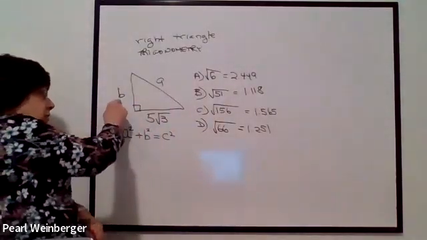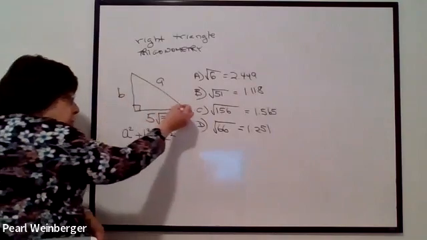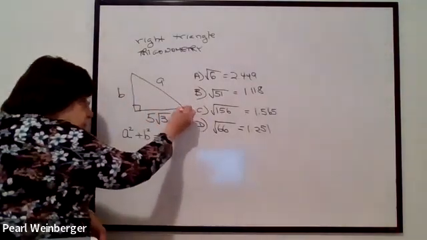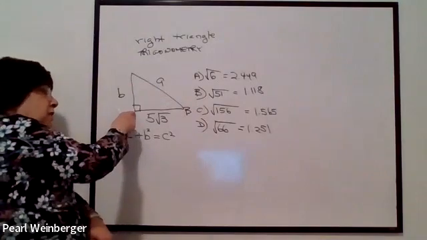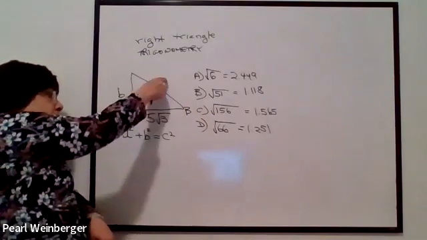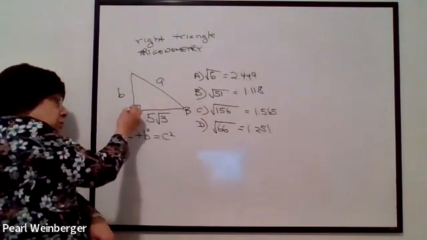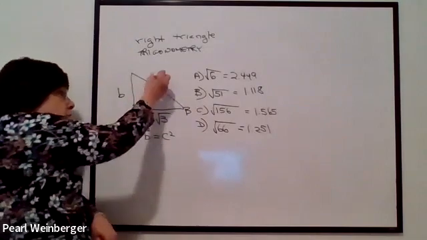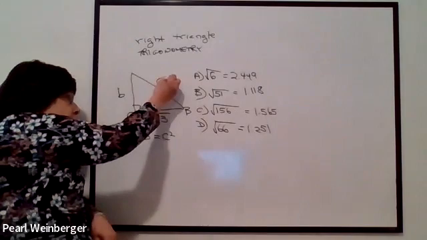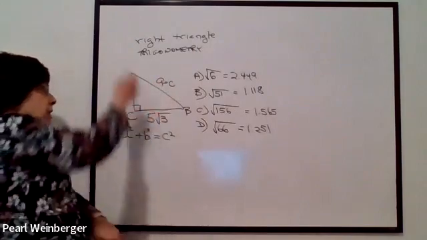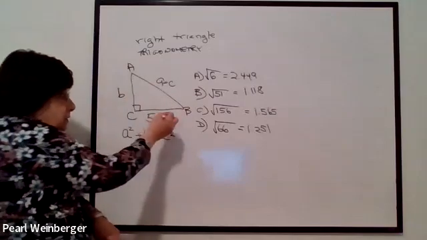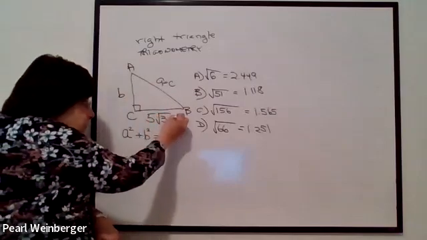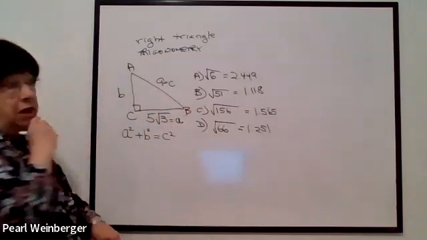Now, obviously, they're calling this small b, which means this must be the capital B because they have to be across from each other. This is the right angle, which means this is what we always call the C. So this would be my small c, which leaves this to be the capital A, because it has to be ABC, which means that this is the small a.